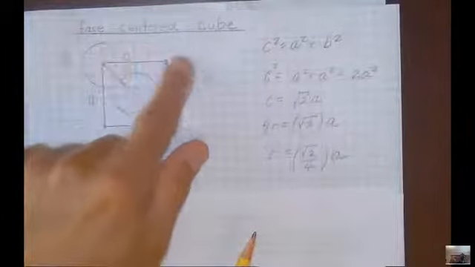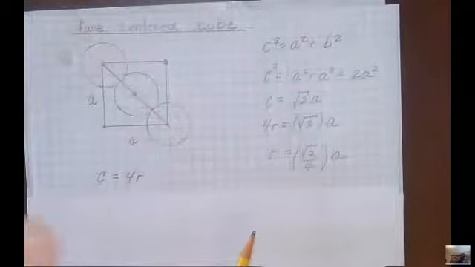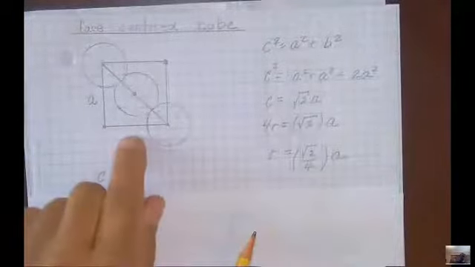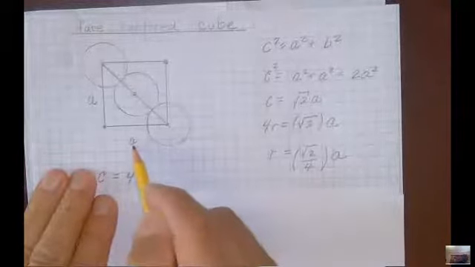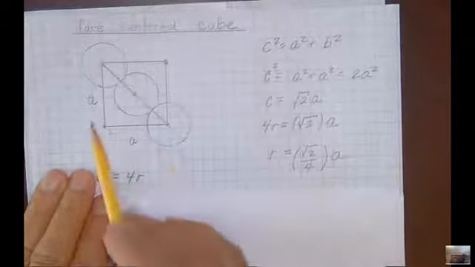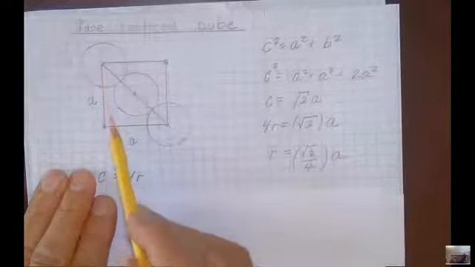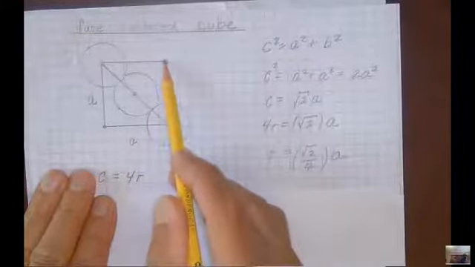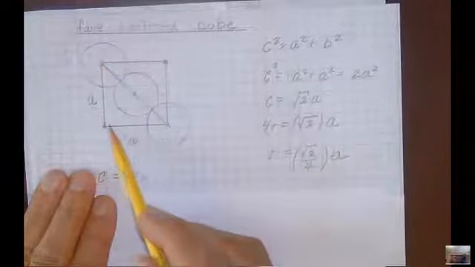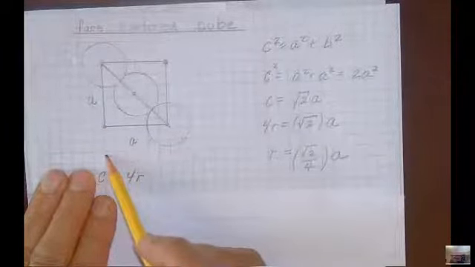Every one of the six faces looks like this, but for simplicity, let's pretend we're looking straight down at the unit cell. Since it's a cubic unit cell, each side length of the cell is equal to A, and going straight down would also be equal to A.